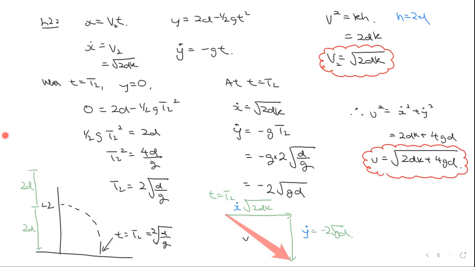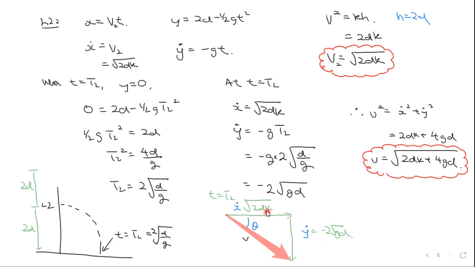Now the question didn't ask for the direction. Technically in physics, velocity includes the direction, which we could find, and sometimes the maths would ask you to find that as well. But I don't think you need to for this question, because they would usually ask you the angle of impact. But let's say they did ask. To find that angle theta, you would use inverse tan of the absolute value.